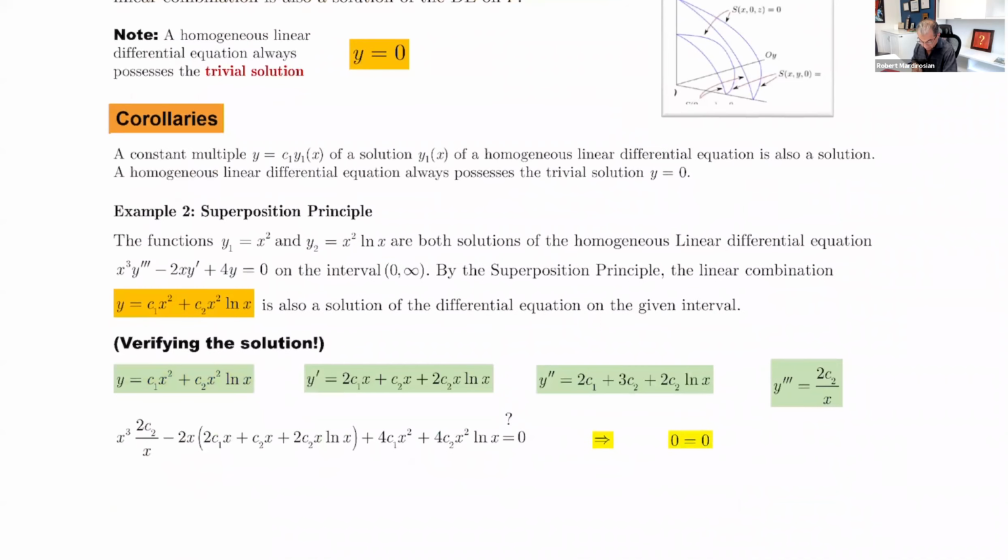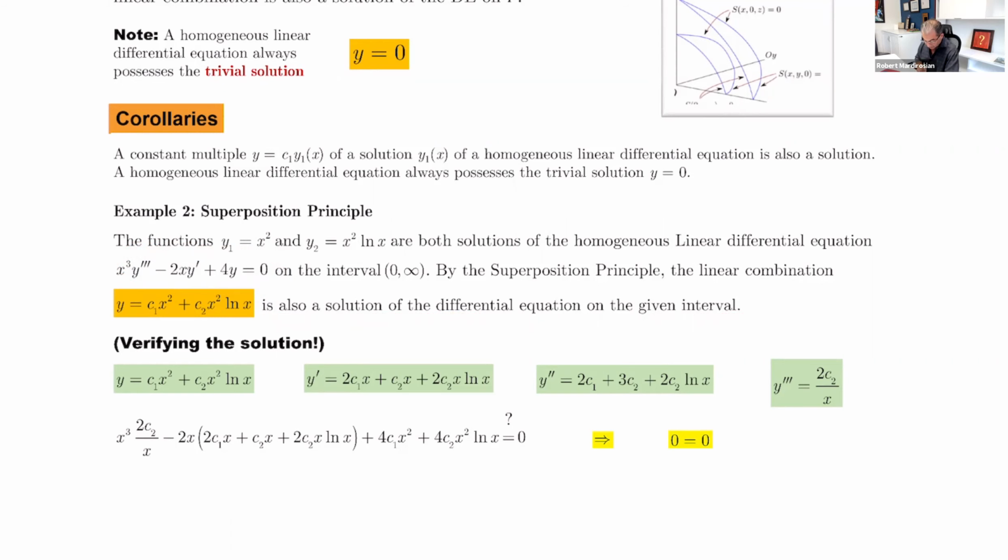Now, this is a good example. Let's say I have y1 equals x squared and y2 equals x squared ln x. These are both solutions of the homogeneous linear differential equation given here. Now, if I take the sum of these two solutions, c1 x squared plus c2 x squared ln x, this is also a solution of that differential equation.